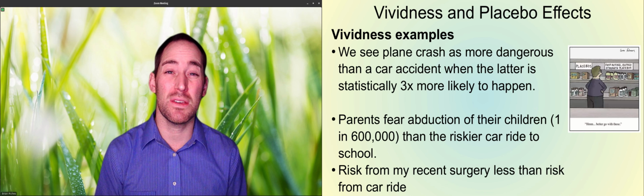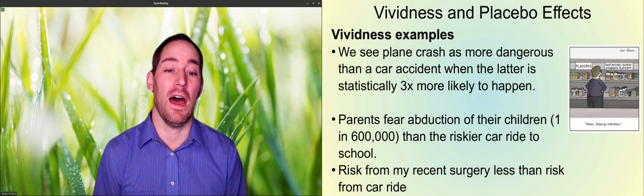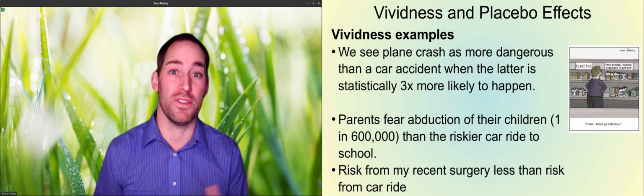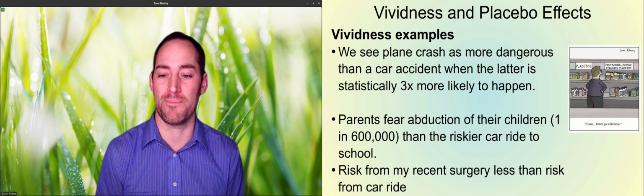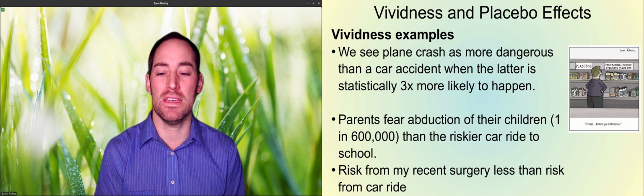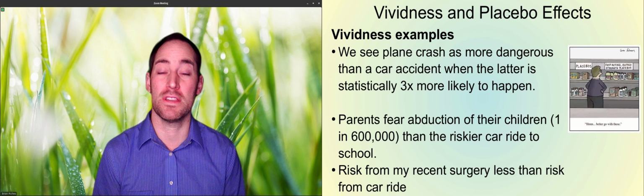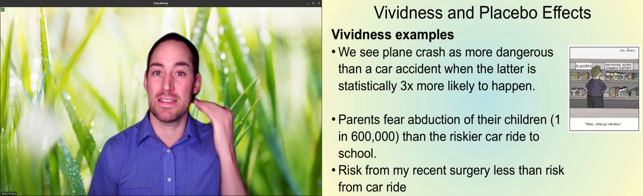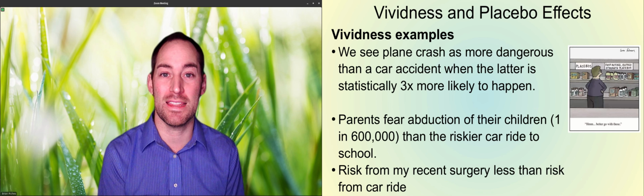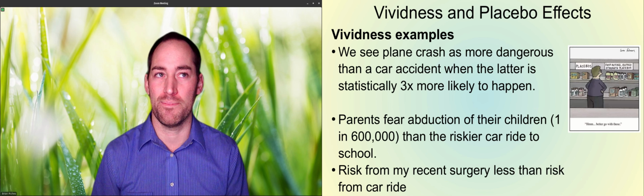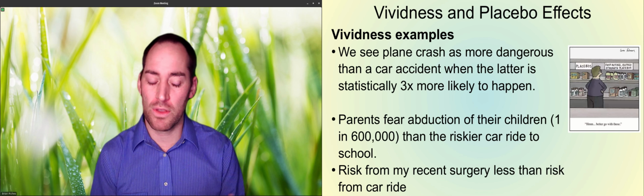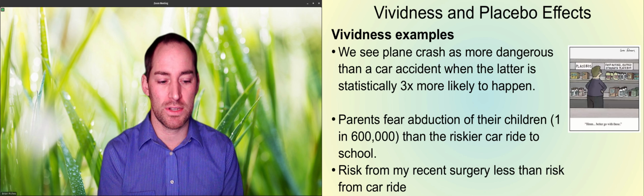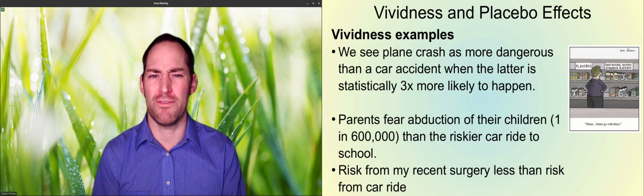So it's actually a higher risk to get in a car accident on the ride over to school, like commuting to school in the morning. So with this, the risk for my recent surgery I went to was less than a risk for the car ride to get there. As the person attending me was talking about and having me sign paperwork, they went through the potential risks of this surgery, like infections and things like that.